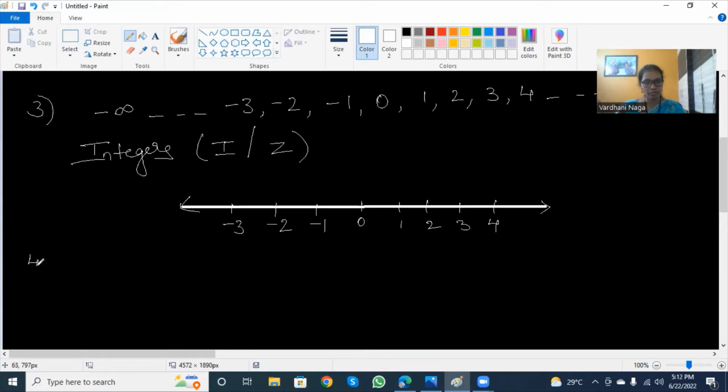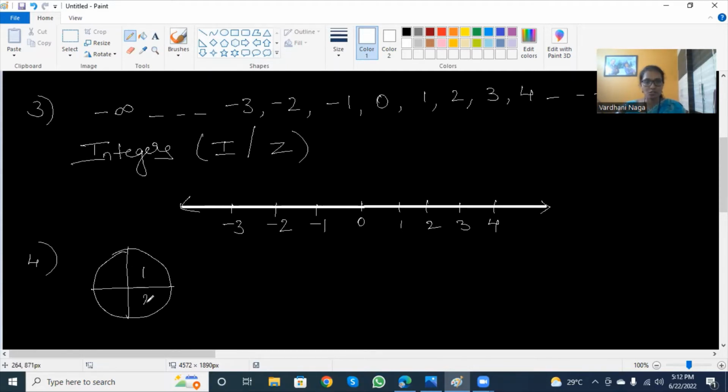Now, for example, I have a pizza. This pizza is made into 4 parts. Now 2 parts are eaten by me.